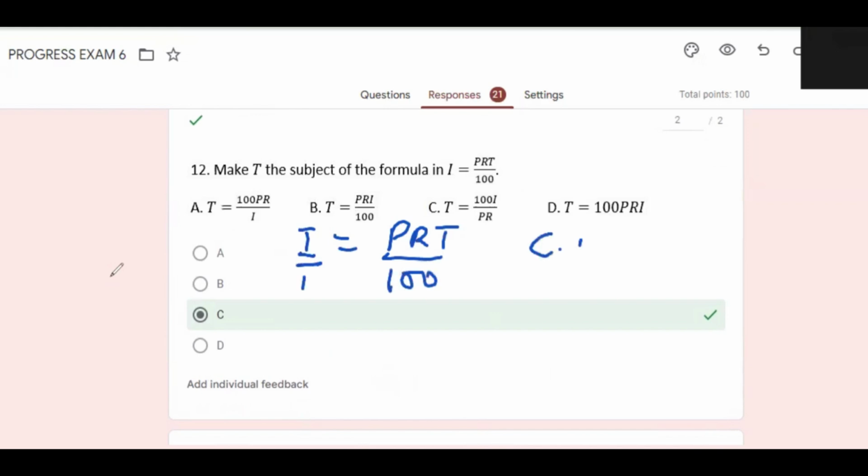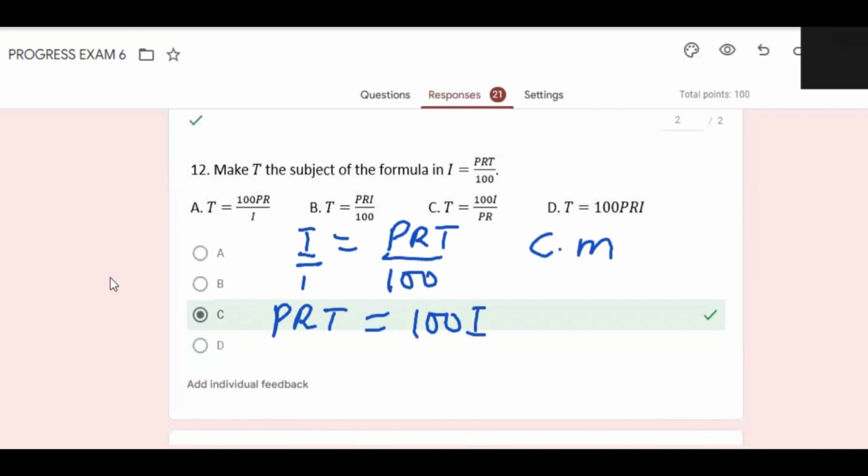Very good. Cross multiply. So can you cross multiply it and tell me what to write? Okay, so you cross multiply 1 times PRT, and you get PRT equals 100I. You're trying to make T the subject, so you divide both sides by PR. Exactly. Divide both sides by PR.